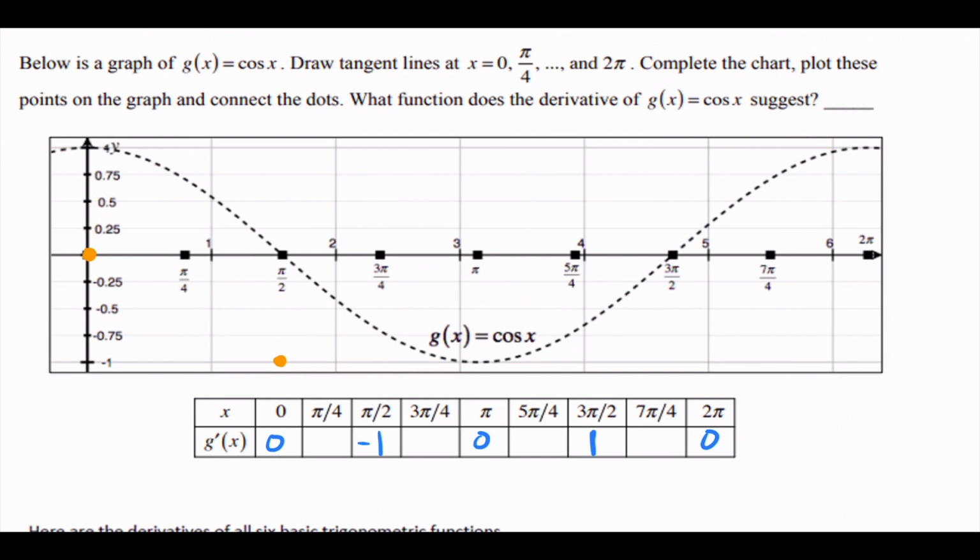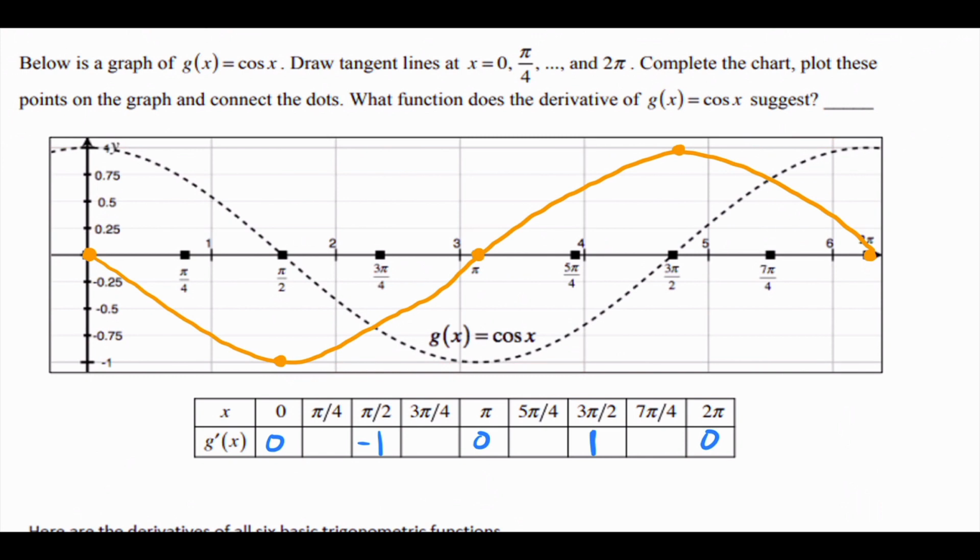Pi, 0. 3 pi over 2, +1. 2 pi, 0. Orange guy now.